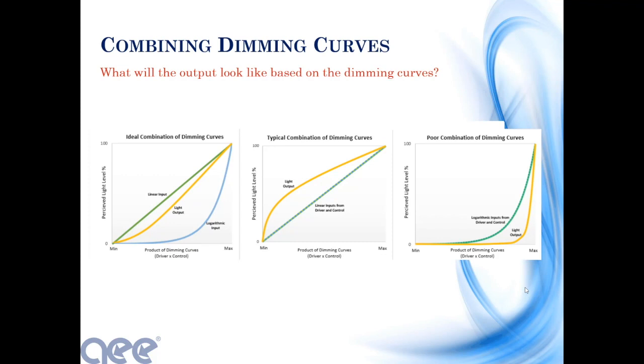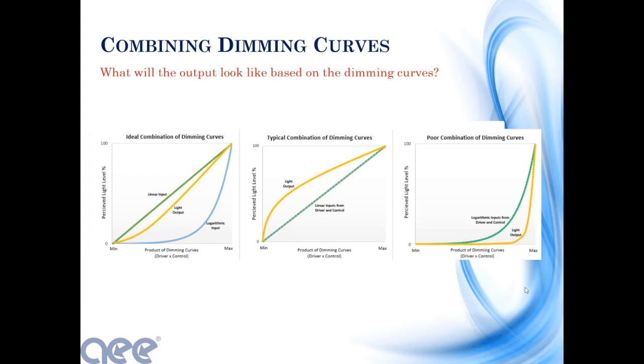Look at the first graph, the green line. Linear output would be this, straight 1-for-1 performance. What we're really trying to do is combine a linear input with a logarithmic input.